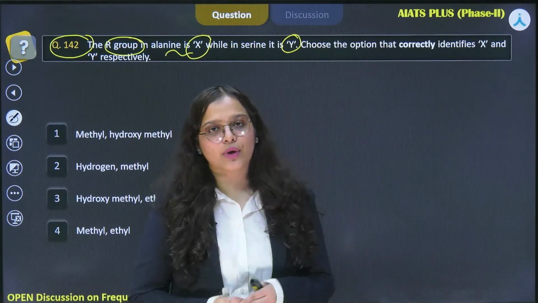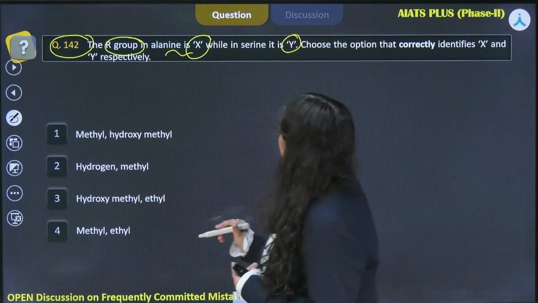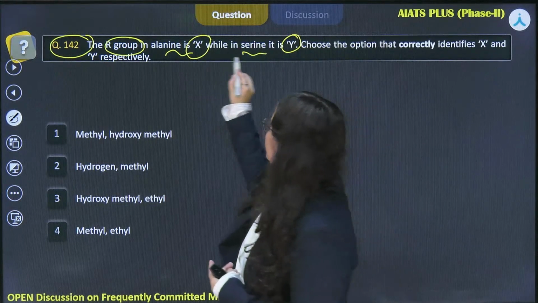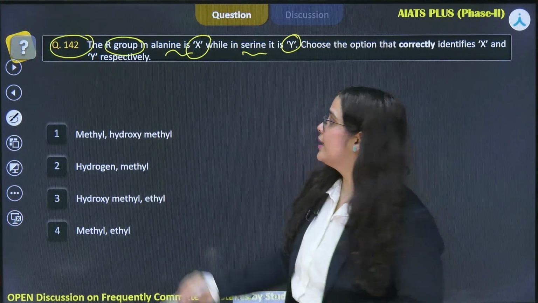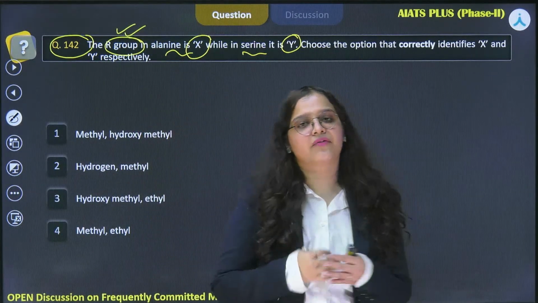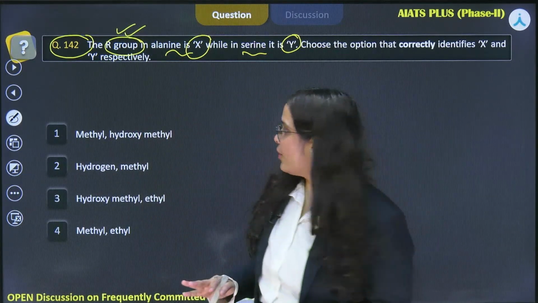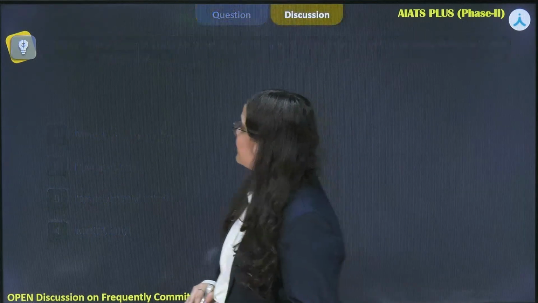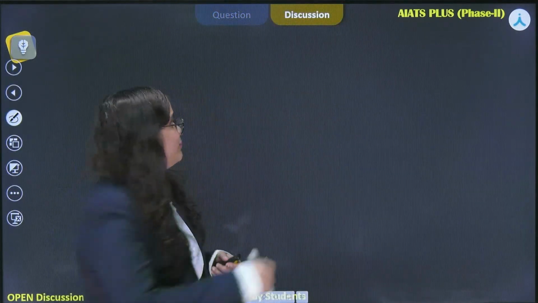So from reading the question, I can make out that here alanine and serine are amino acids, and where does this R come from? So let us quickly revise the concepts of amino acids so that we can solve this question. Okay.